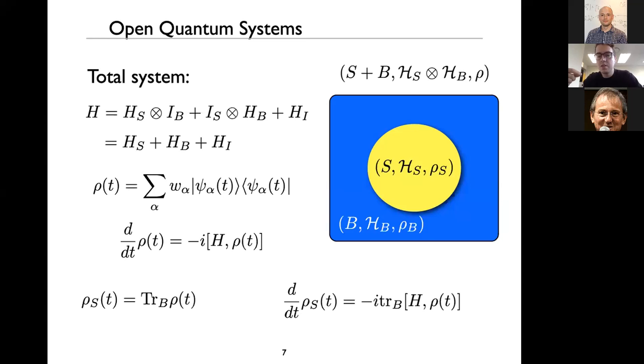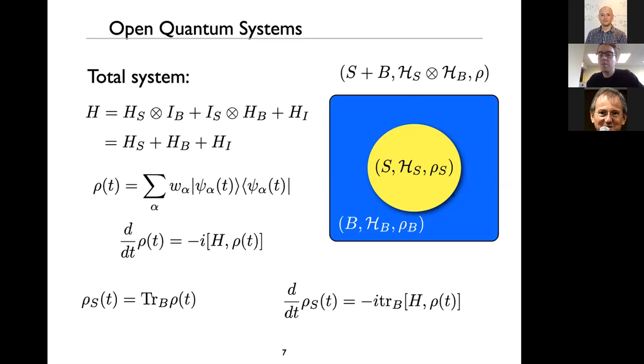So we assume that our environment is much larger than our open system. And if we want to describe the dynamics of our combined system and environment, this will be very complicated, because the von Neumann equation contains information relating to our open system, but also how it couples to every single degree of freedom in the environment.